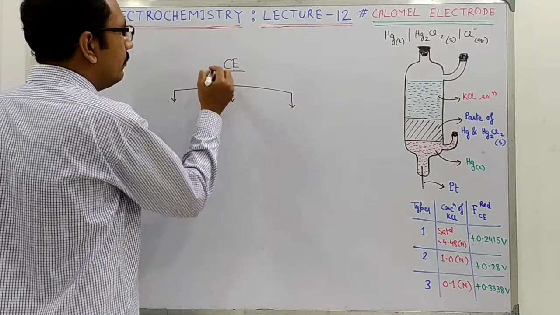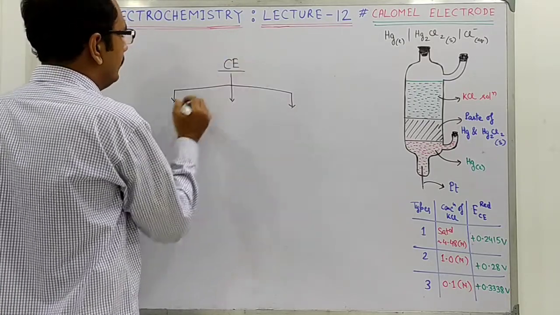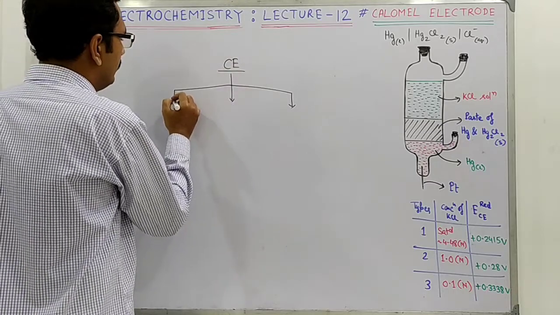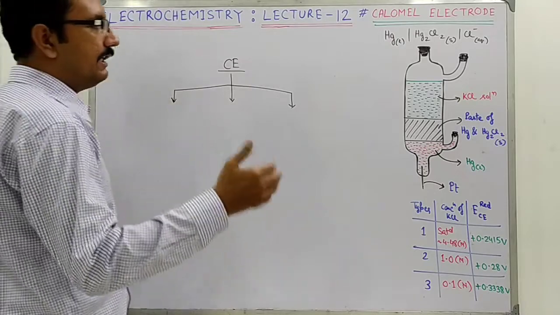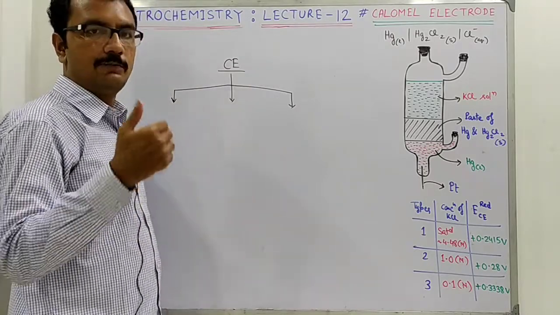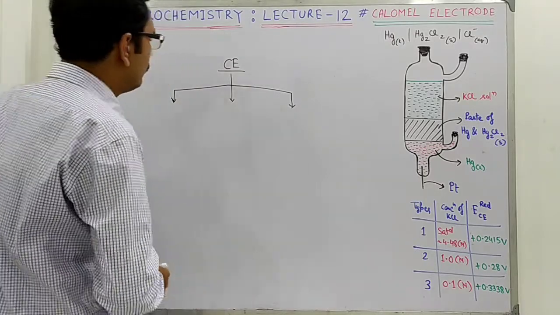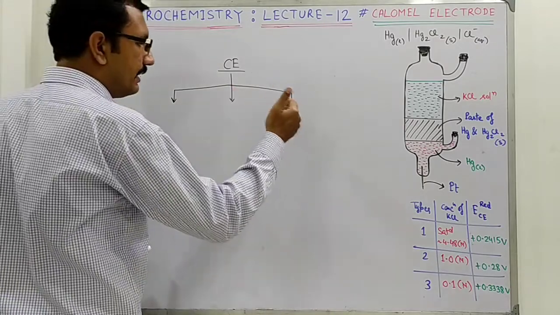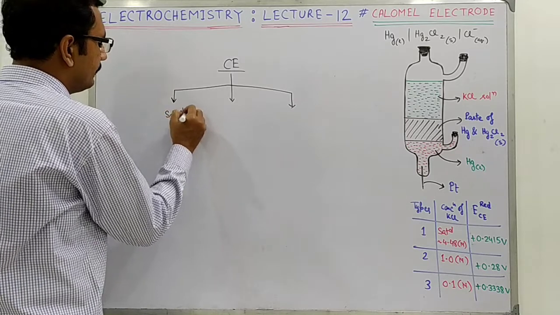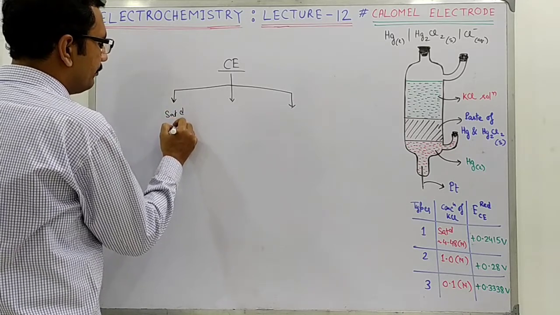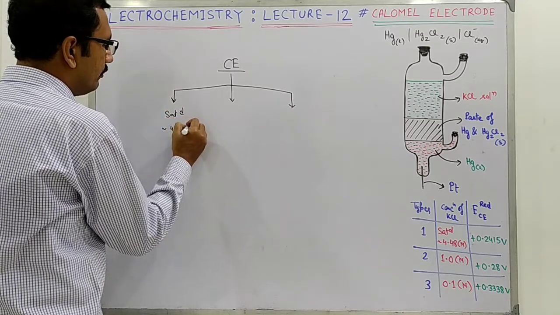Since its value is known, we will use this reference electrode to find the electrode potential of unknown electrodes. Hence it is named the reference electrode. The first one is the saturated one, with a concentration of almost 4.4812 normal.